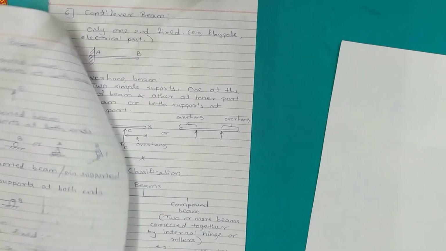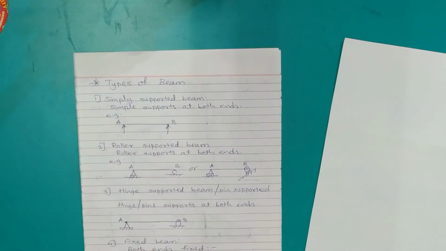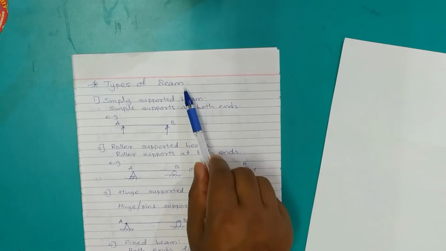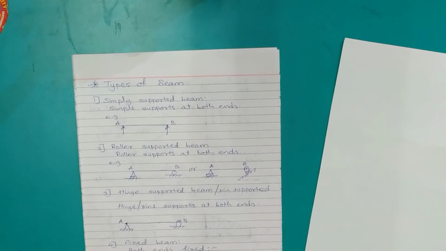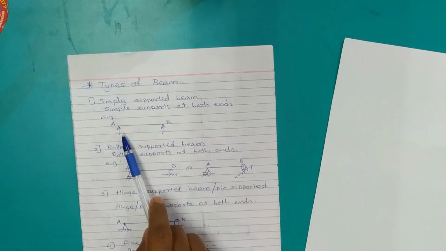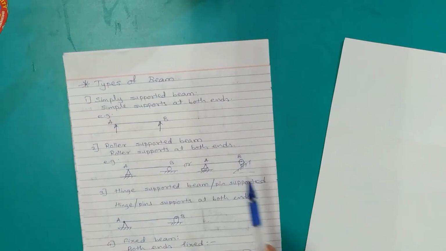Moving further, let's see what are the different types of beams. Now, mainly the type of beams are decided based on what kind of support they are having. If a beam has both the supports, simple supports, in that case it is called a simply supported beam. It's a very simple consideration.